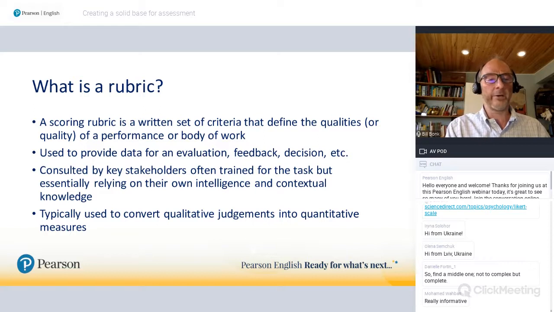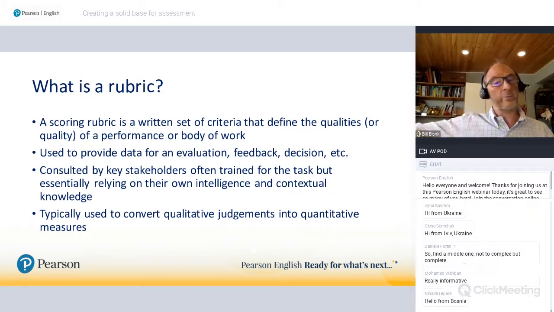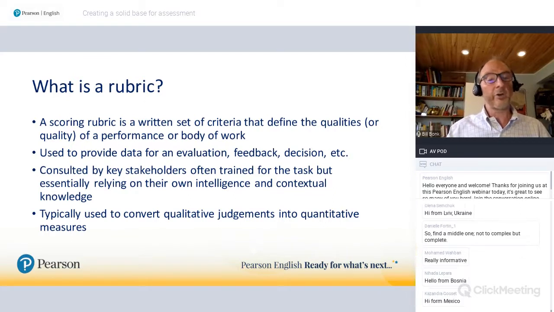The second point of the definition is that it's used to provide data. And those data will feed into another process, which might be an evaluation, an opportunity for feedback to a student or to teachers or to parents or to many other stakeholders. It could also be data provided for a decision.